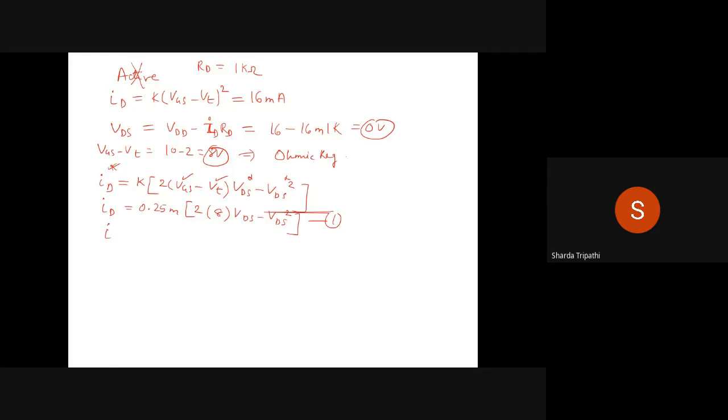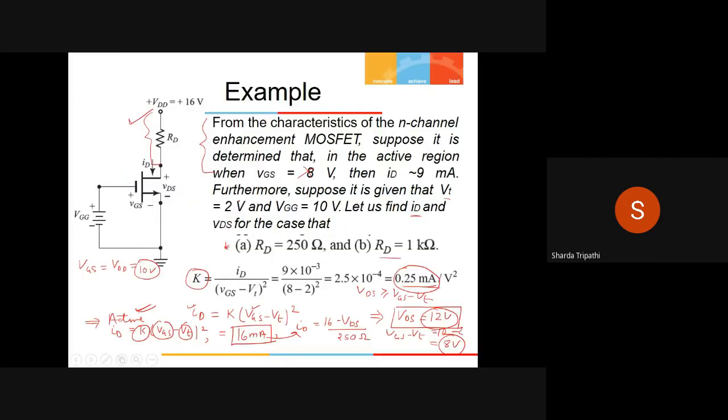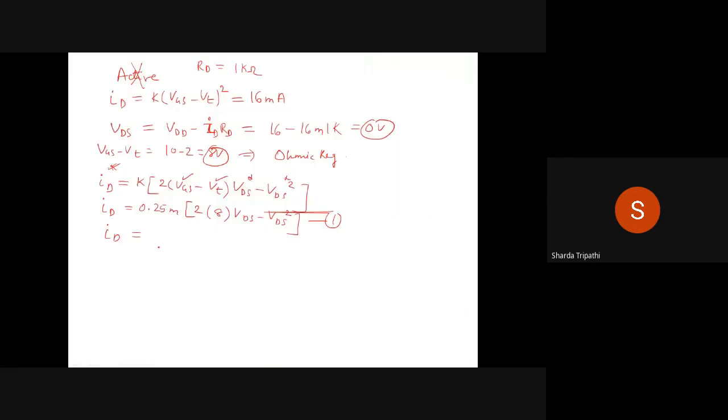The other way of writing the drain current equation is through the circuit. So if you see through the circuit, we know that the drain current is equal to 16 minus VDS by RD. So that's my second equation for the same variable. This is equal to 16 minus VDS by RD, and RD in this case is 1 kilo ohms.